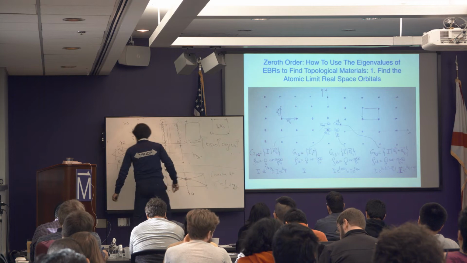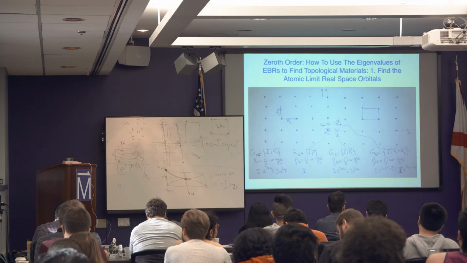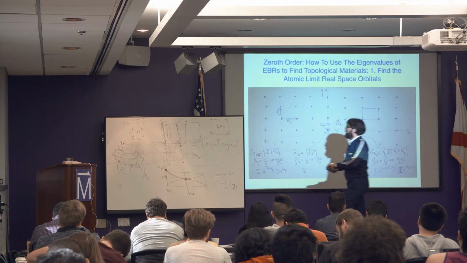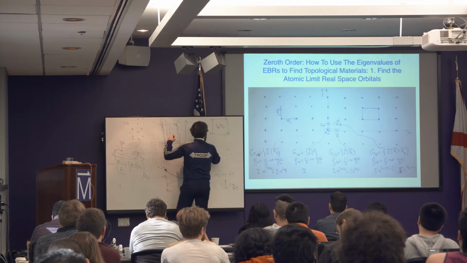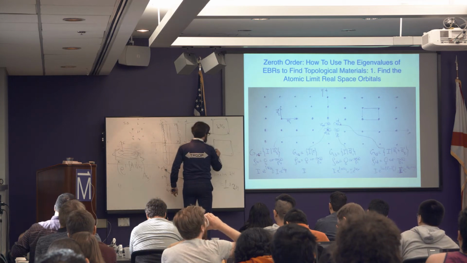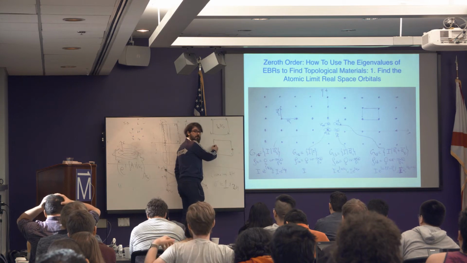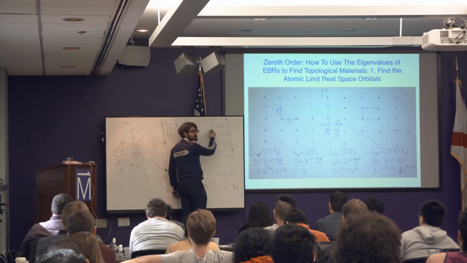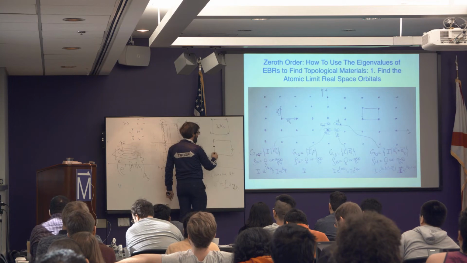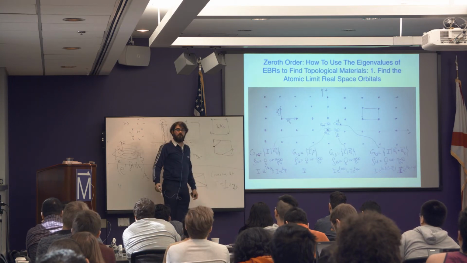But that's actually not true. It's incomplete, because all that this is telling you is that the Wilson loop here at 0 and pi is 1, because this is s orbital and s orbital. So it's 1, 1. But you could have 1, 1 with this, okay?